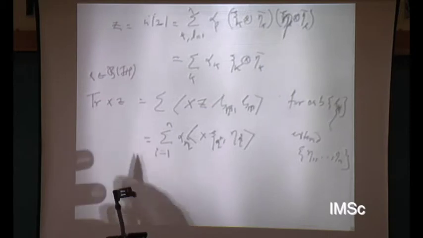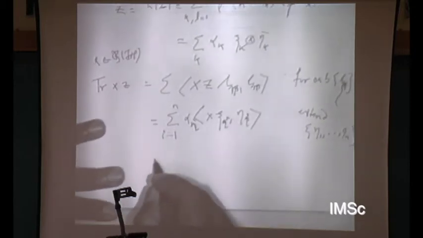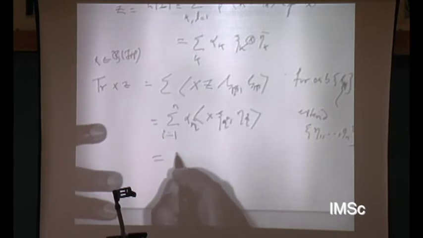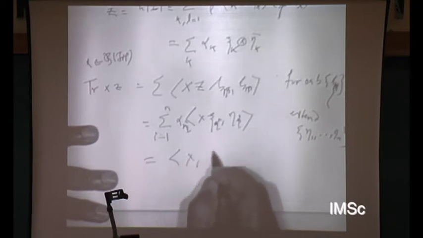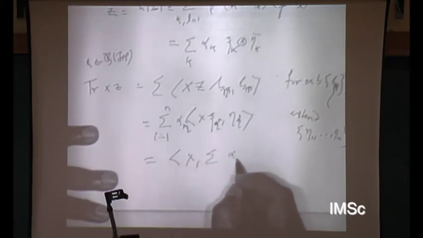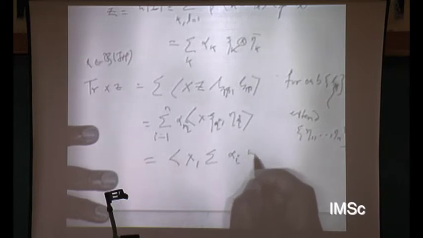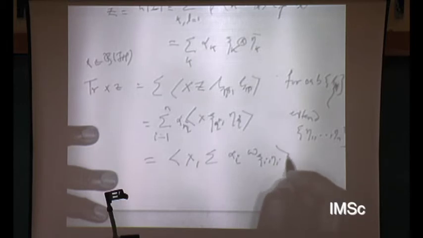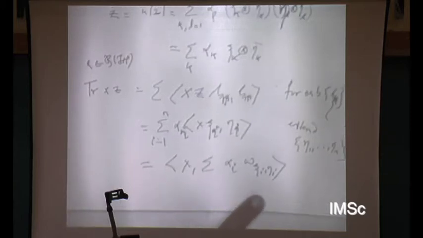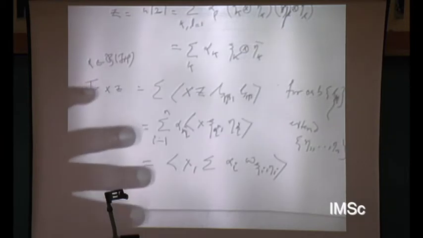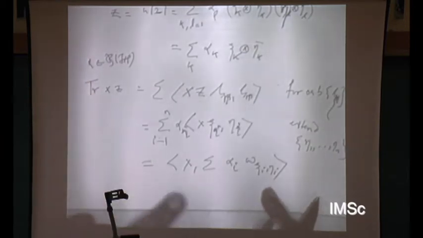This is exactly the pairing of x with summation alpha i omega psi i eta i. This omega psi eta was the thing which by definition sent an x to this inner product.